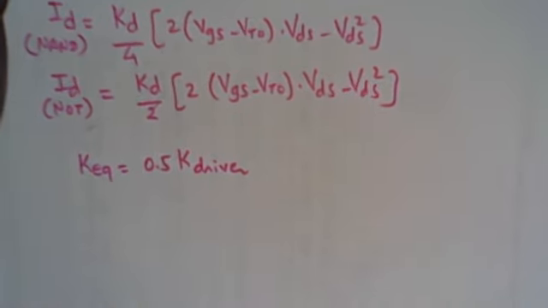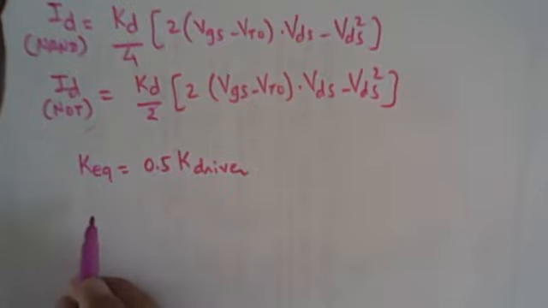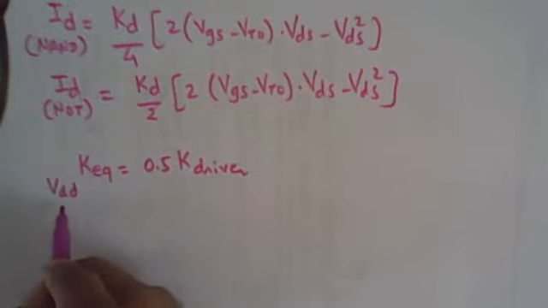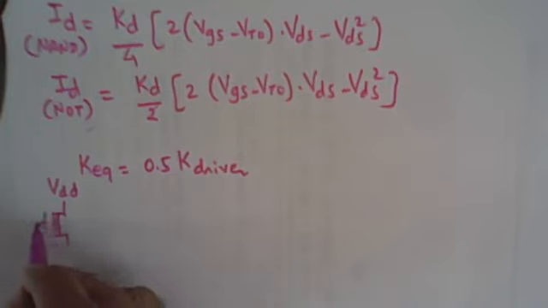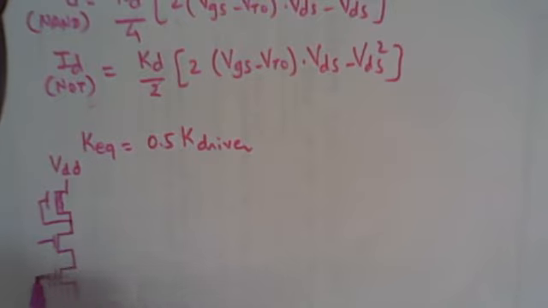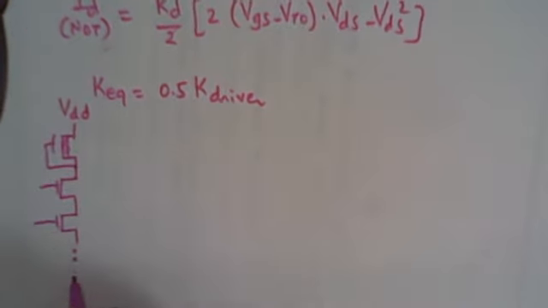So let's write the ID current of a NAND structure with multiple inputs. If we have n number of inputs, then n number of driver MOSFETs are connected in a cascade.